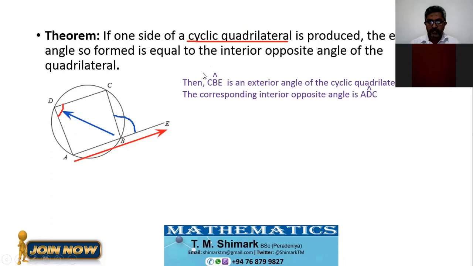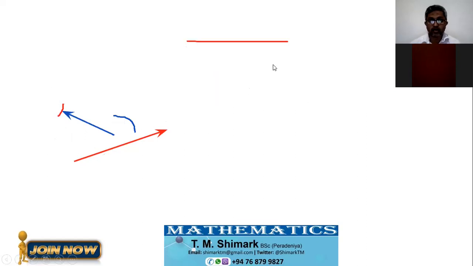So CBE is an exterior angle of the cyclic quadrilateral and is equal to the corresponding interior opposite angle, ADC. So those two are equal, right?